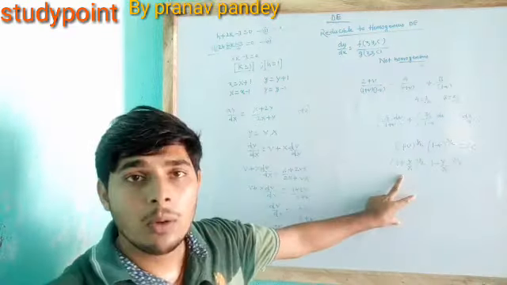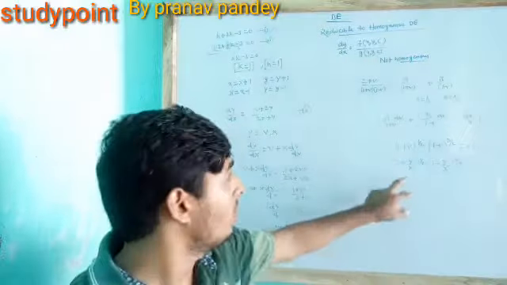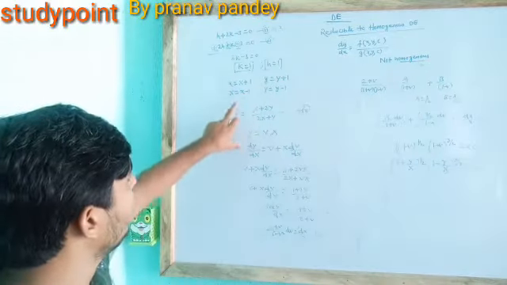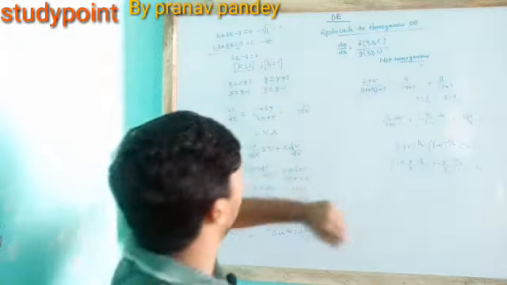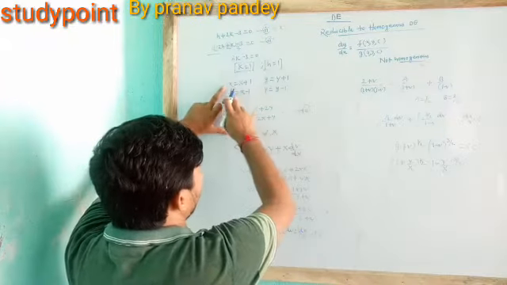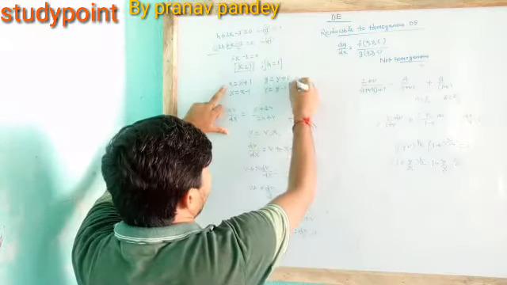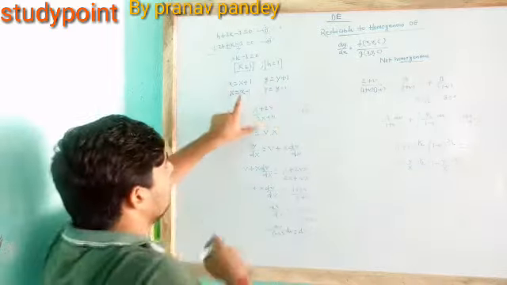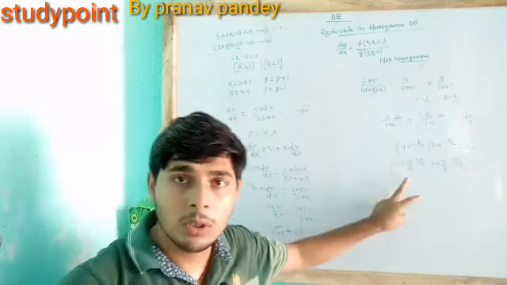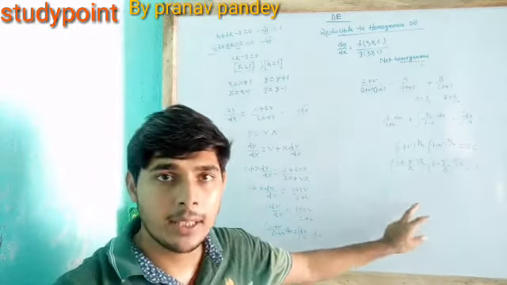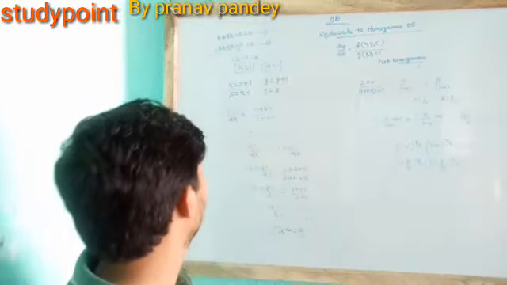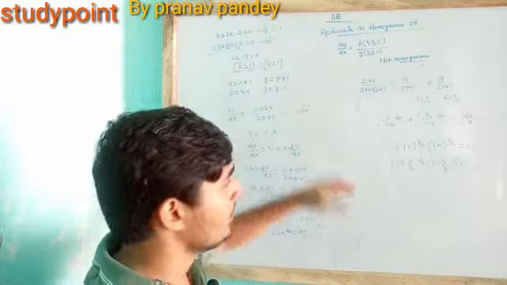Now it is in capital Y and capital X form. We know the value of capital X and capital Y from here, so we will put the value of capital Y and capital X here. We will get the value in small x and small y.